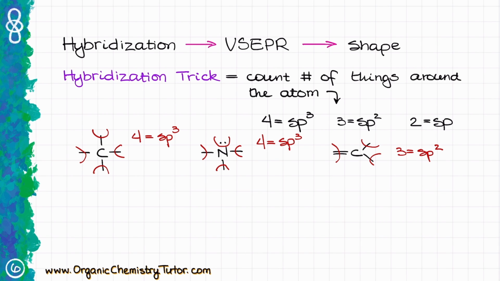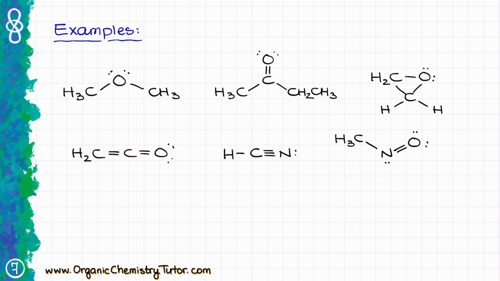Let's actually look at some real examples. In my first molecule, let's look at oxygen over here. So oxygen has 1, 2, 3, 4 things around that, which means that oxygen is sp3 hybridized. Now, for the next molecule, I'm going to focus my attention on this carbon.